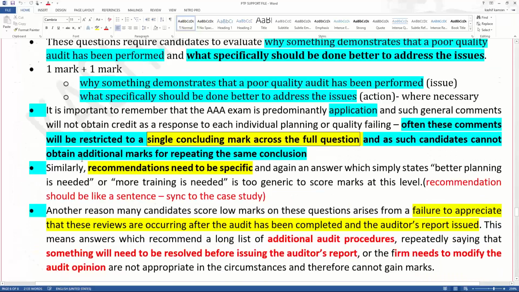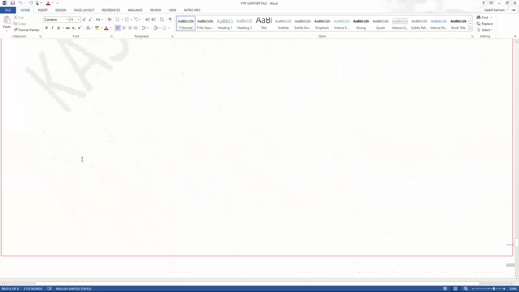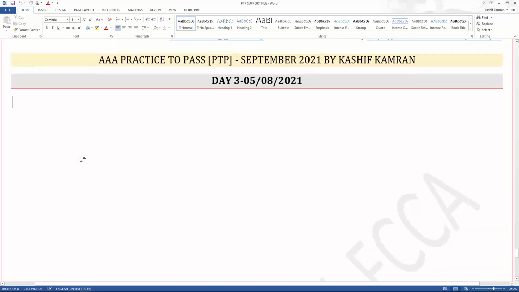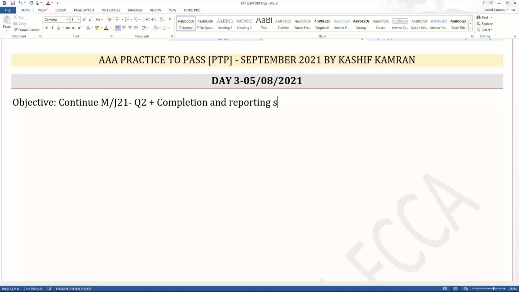Now let's start with the agenda for day 3, where we left off on day 2. The objective today is to continue first with the March-June 21 question number 2, and then we'll start with the completion and reporting stage later.